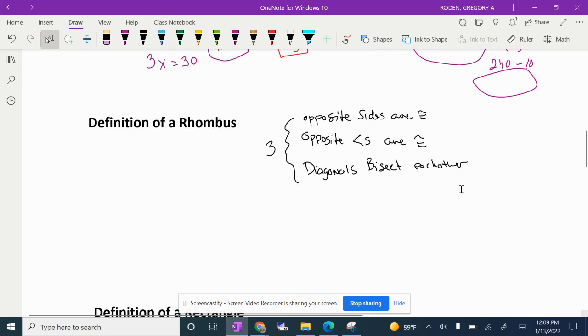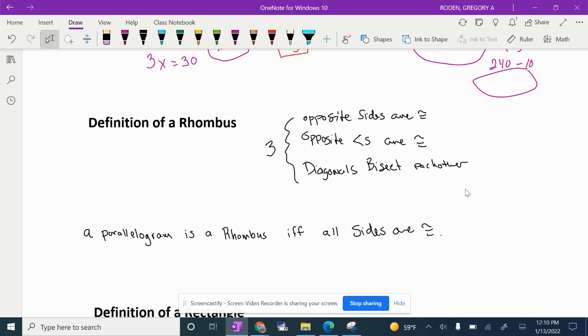Now, a rhombus is a very special parallelogram. So what's the definition of a rhombus? A parallelogram is a rhombus if and only if all sides are congruent.